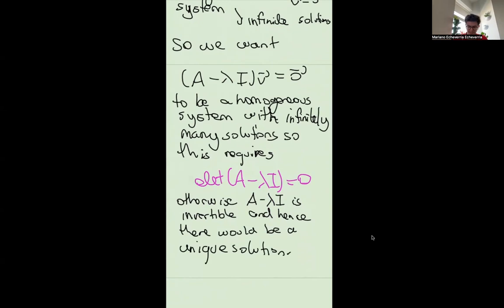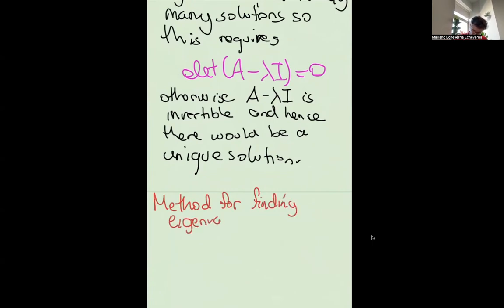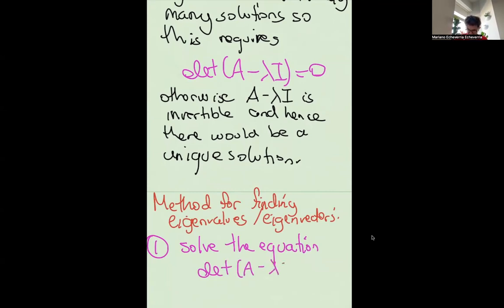So let me write that down more precisely. Here's the method for finding eigenvalues and eigenvectors, and I'm about to show you that with these matrices. The first step is to solve the equation determinant of A minus lambda I equals 0.